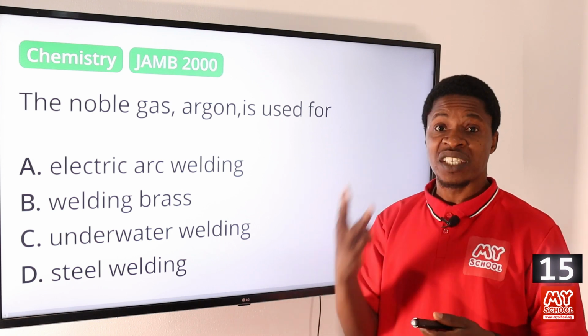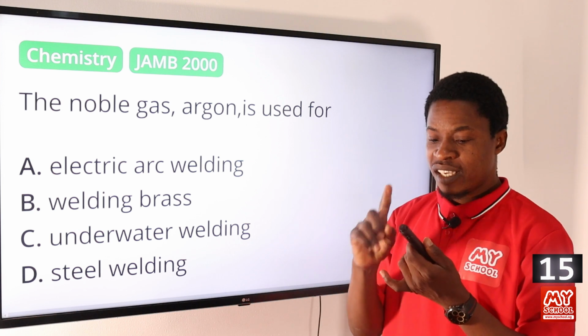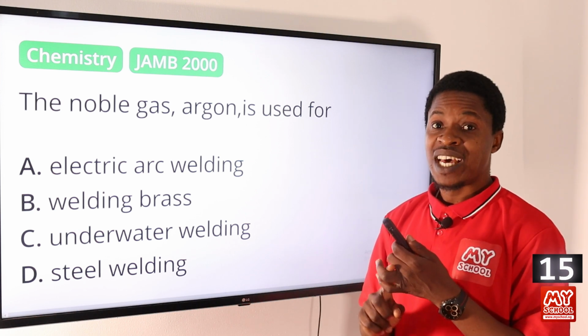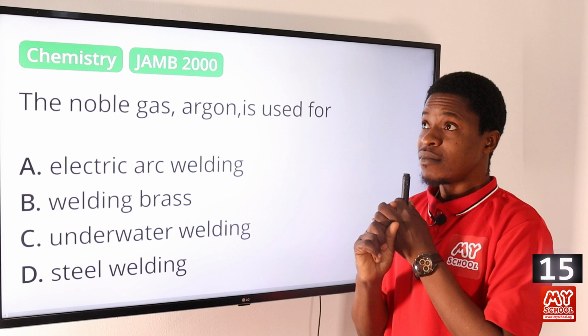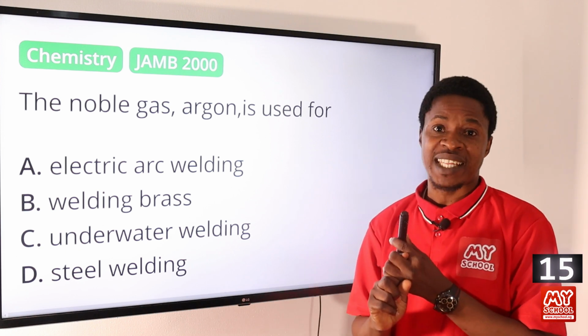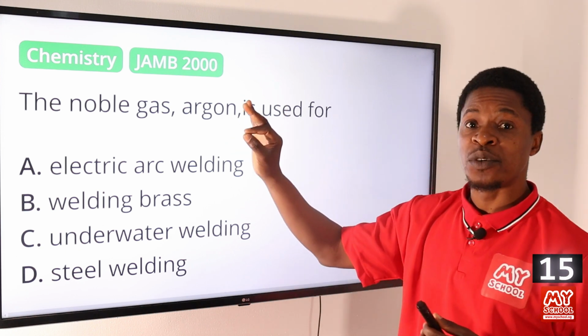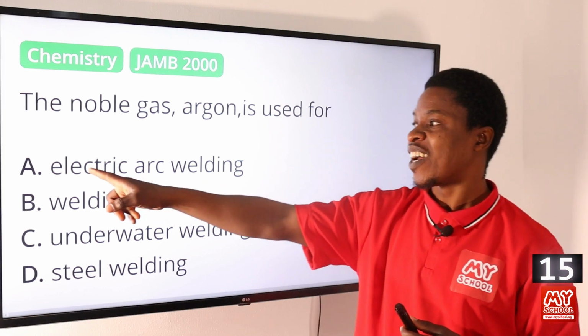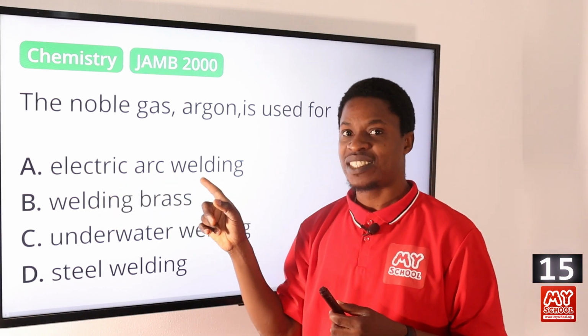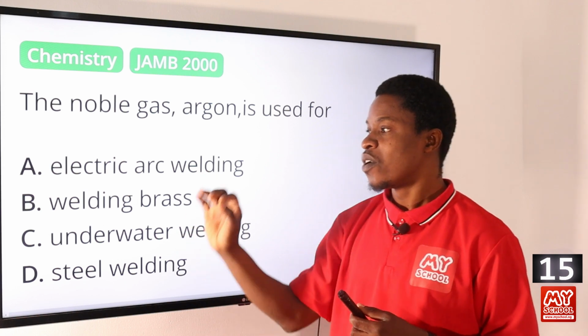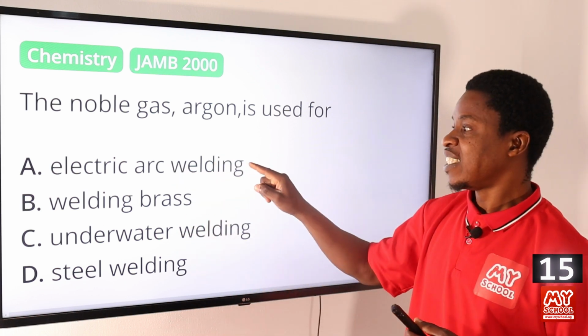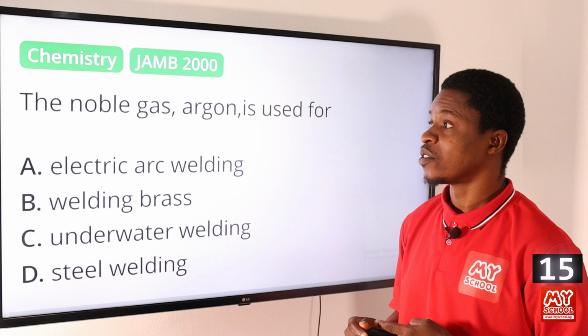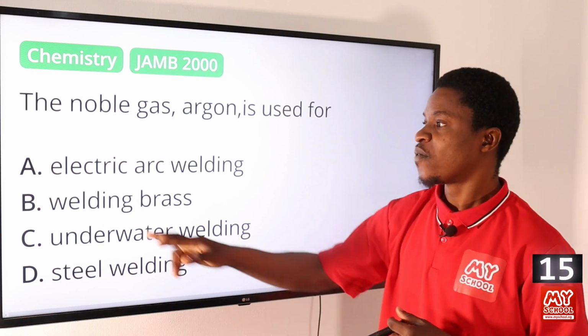So because of those three characteristics, non-toxic, non-flammable, and low level of reactivity with metals, argon is suitable and is used usually for electric arc welding. So among these, option A is the correct answer. Noble gas argon is used for electric arc welding.